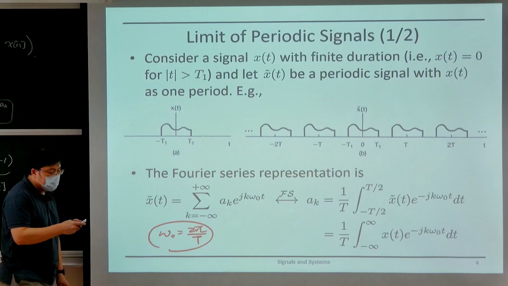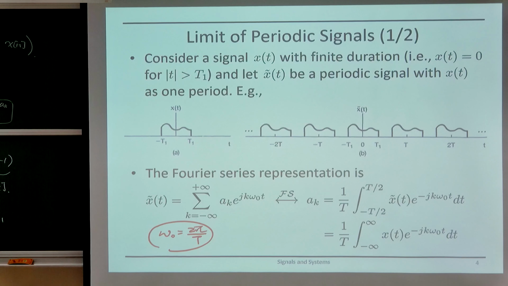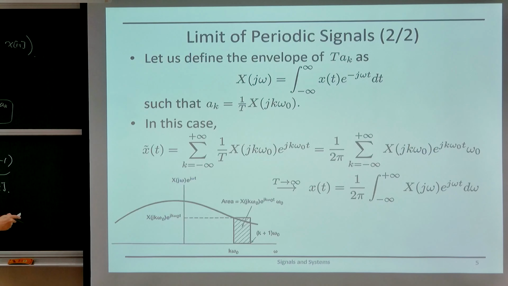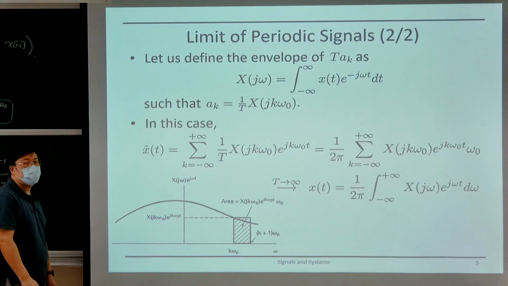Okay? So let us define this integral as capital X of j omega, which is the integral of x of t times e to the minus j omega t dt. Okay?